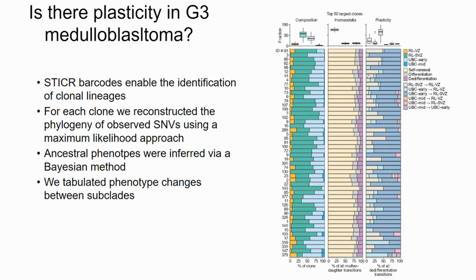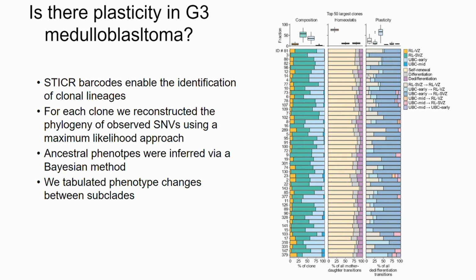But even in this baseline model, we can answer basic questions such as, is there plasticity in medulloblastoma? Recent studies in glioblastoma have shown that there is a high level of plasticity. These tumors seem to have a rigid hierarchy akin to early development, but is there evidence of de-differentiation, transition from a more differentiated neuronal-like cell to a progenitor population?